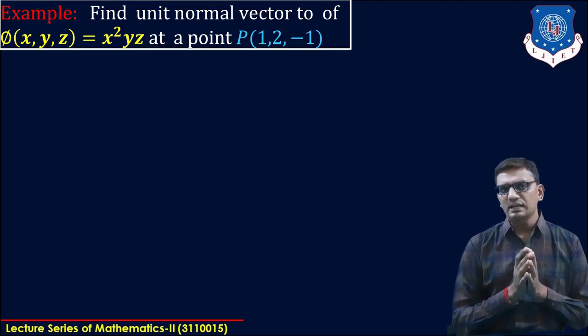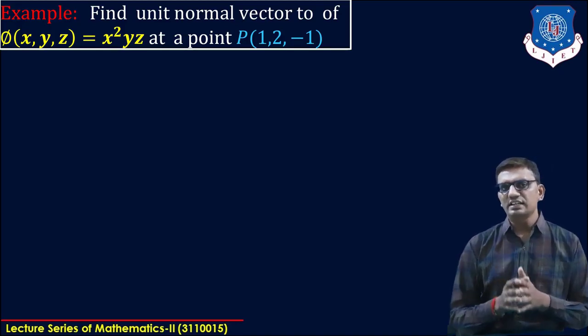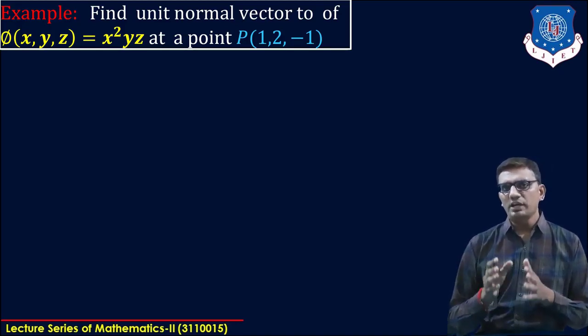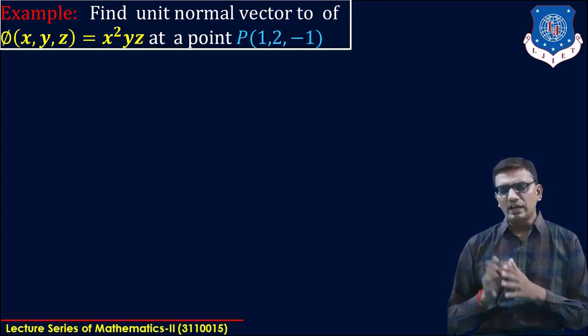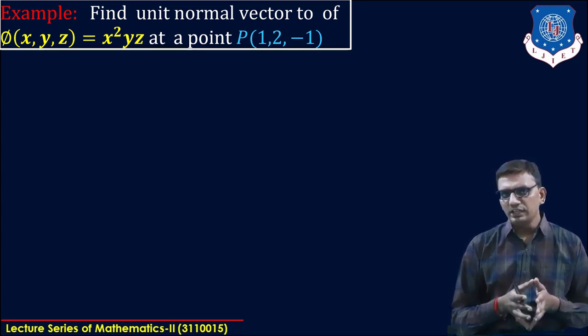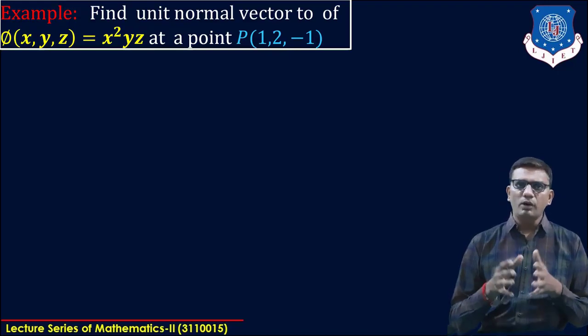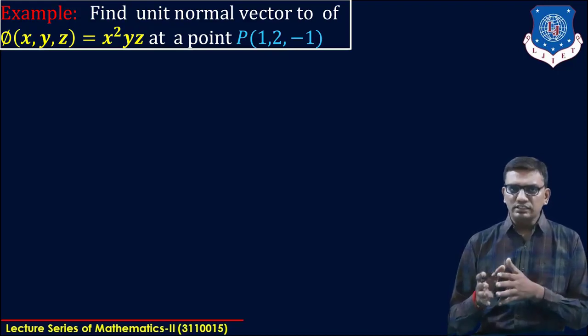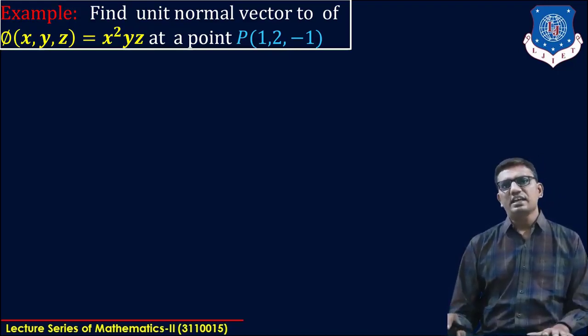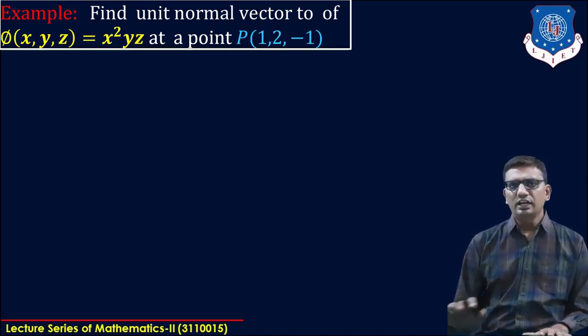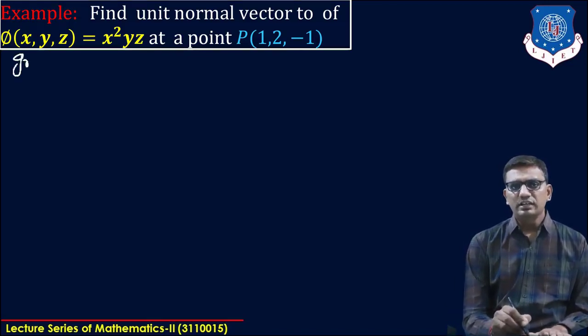Here our example is phi of xyz equal to x square yz at the point (1, 2, -1). So here we want to find the unit normal vector at the point (1, 2, -1) of the surface x square yz. Now we will find the gradient of phi.